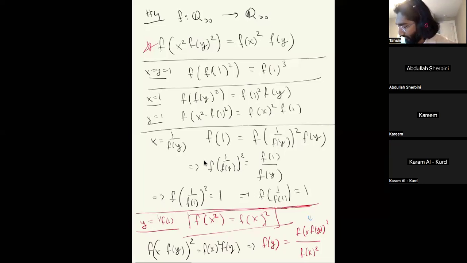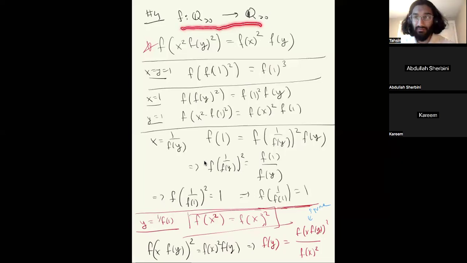Which is, I'll say, a square. And I'll comment that since the output is in the rationals, being a square means something. If it was R to R, being a square is not that interesting, but from Q to Q, being a square is something interesting.